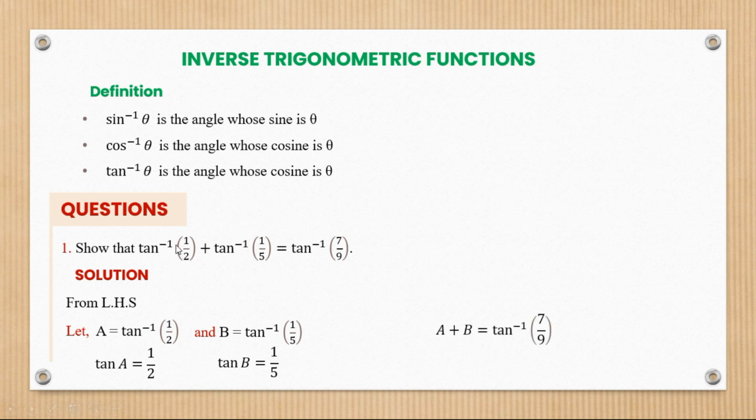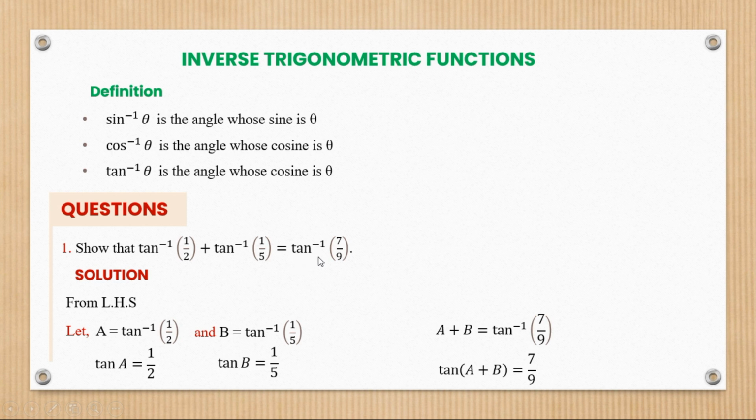Now that we've replaced them that way, we have A plus B being equal to tan inverse of 7 over 9. We can bring this tan to this side, so we'll have tan of A plus B being equal to 7 over 9. You may ask why I put this value on the right hand side. It's because I wanted to see clearly what direction I need to go.